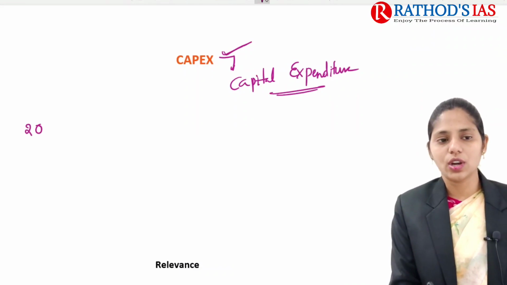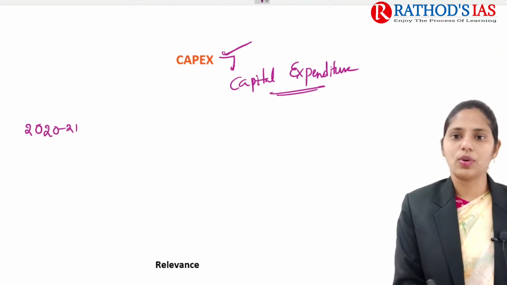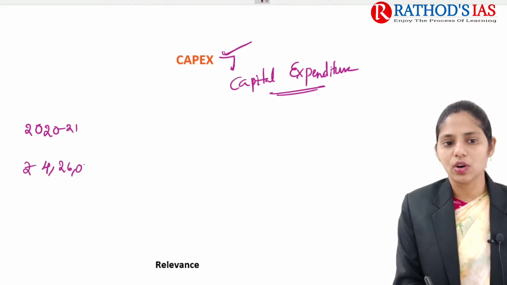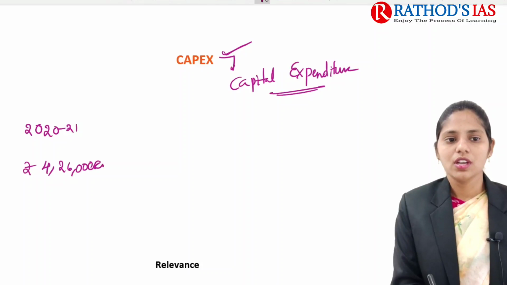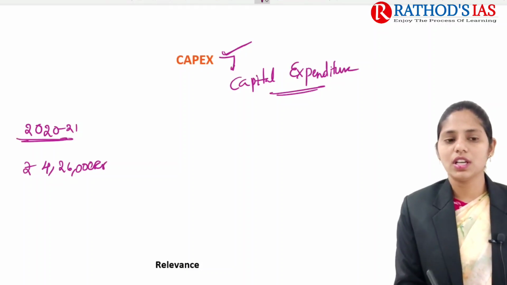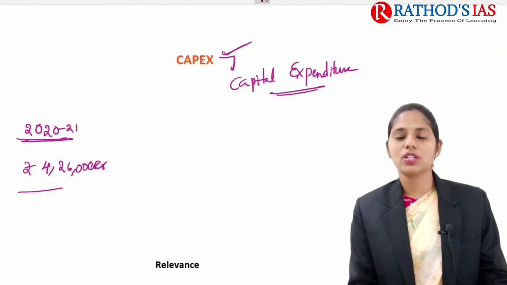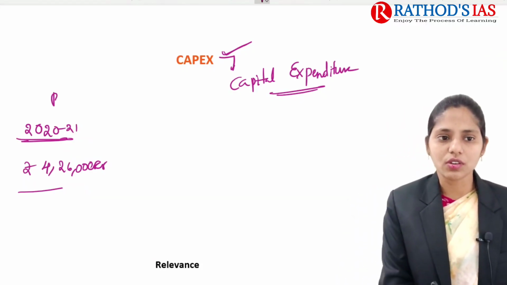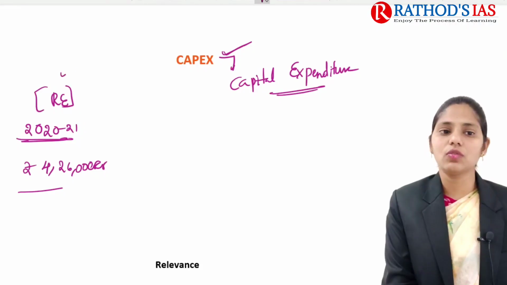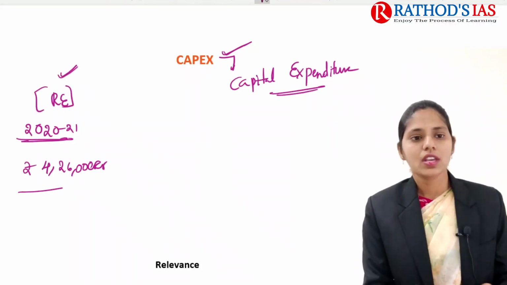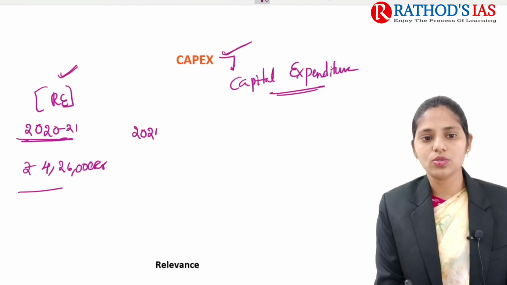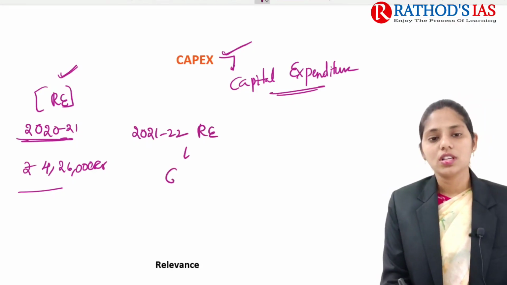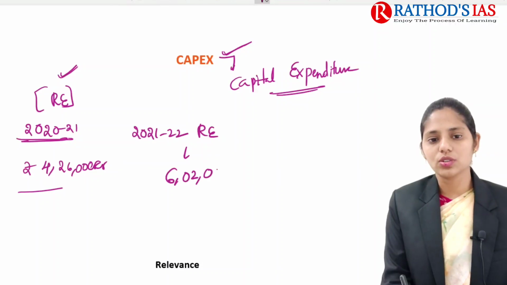If you see the allocation in 2020-21, it was rupees 4,26,000 crore. In 2020 to 2021, the allocation for capital expenditure was 4,26,000 crore rupees. That is the revised estimate, which is what was mainly spent actually. In 2021 to 2022, again the revised estimate was 6,02,000 crore rupees.